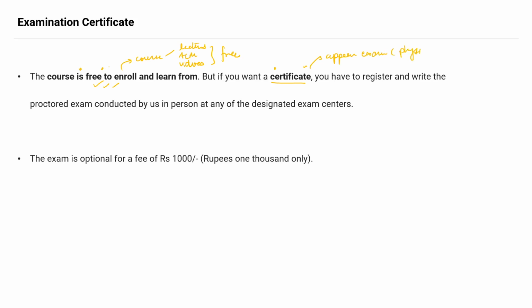By physical examination, we mean that you will have to go to a physical exam center and appear in the exam. So while you are registering for the exam, you need to enter your city choices. Probably, you'll be given three fields.